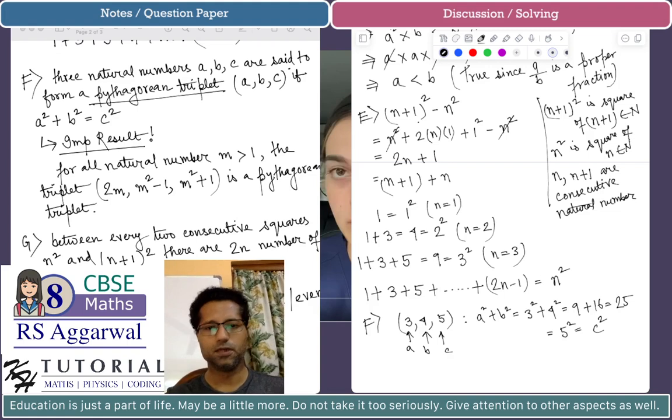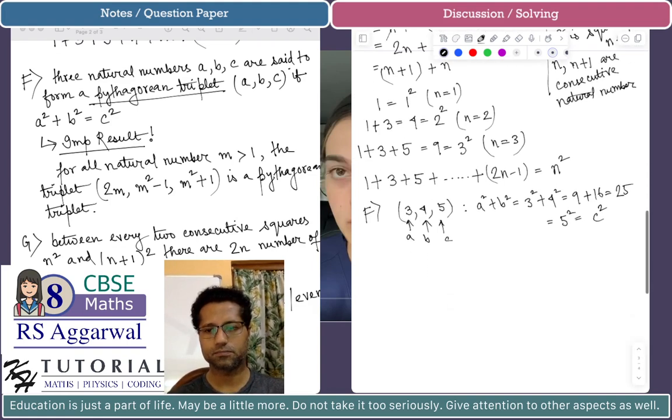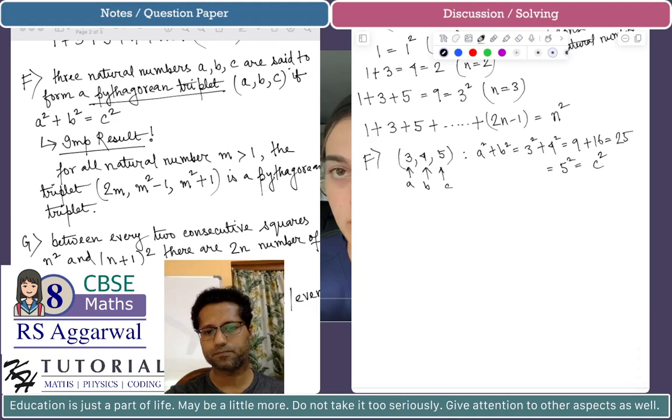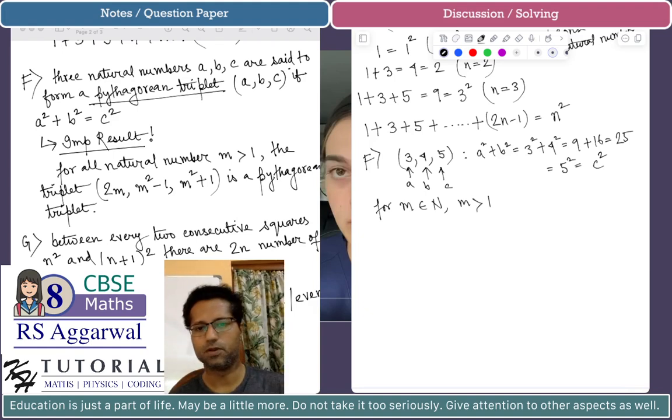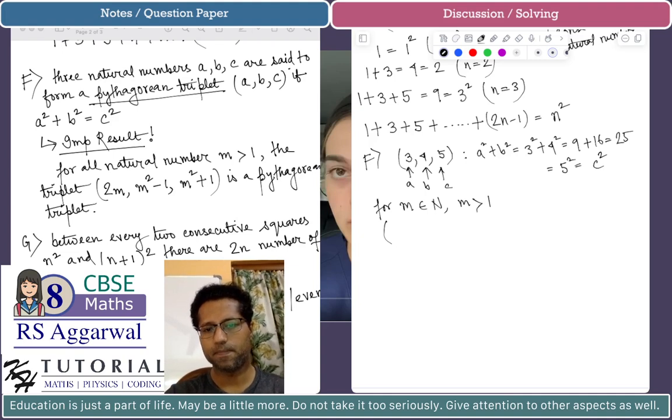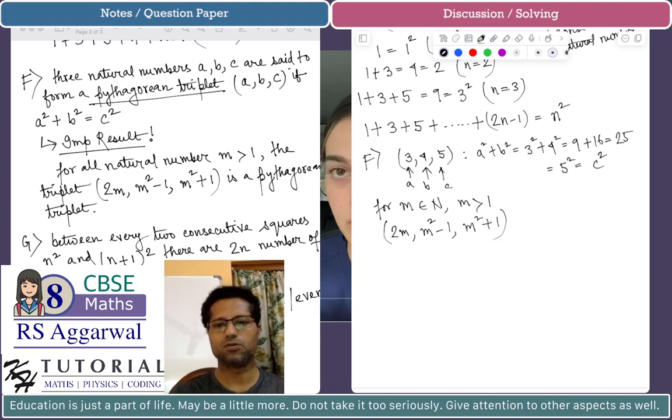Now based on this Pythagorean triplet, an important result is that for any natural number m, where m belongs to the natural numbers and m is greater than 1, you will always have this as a Pythagorean triplet. That is, the first one is 2m, the second is m square minus 1, and the third one is m square plus 1.